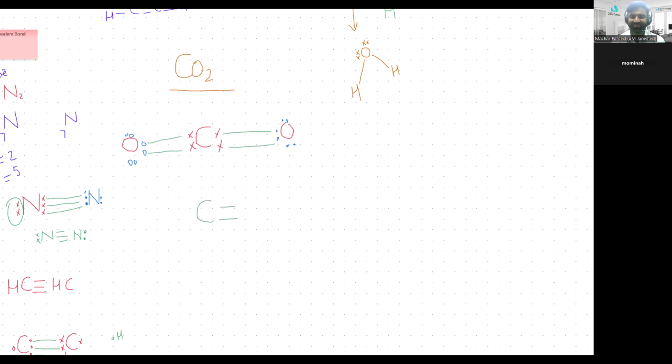Is it clear? Can you easily guess which type of bonding is present in CO2? Double bond. How many lone pairs are present on the oxygen atom? 2. Now all the concepts are clear about the formation of the covalent bond?